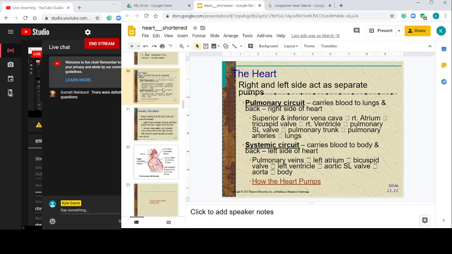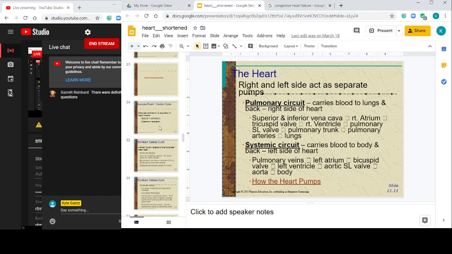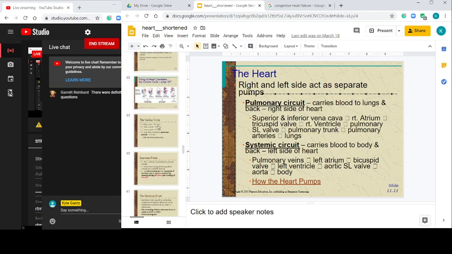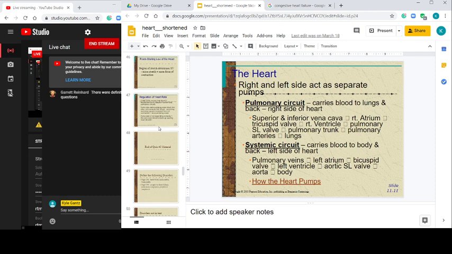Well, not one thing, but we have a pulmonary circuit. So the right side of the heart pumps to the lungs, and then we have the left side of the heart which pumps to the system, to the body, right? So if our pump becomes inefficient and we're not able to pump as well or pump as much, then that means things tend to back up, right? And they tend to sit around and they tend to pool and puddle, or however you want to think of it.